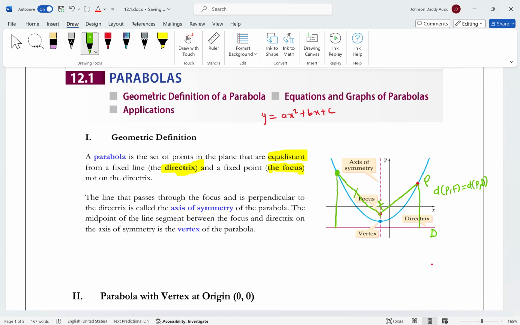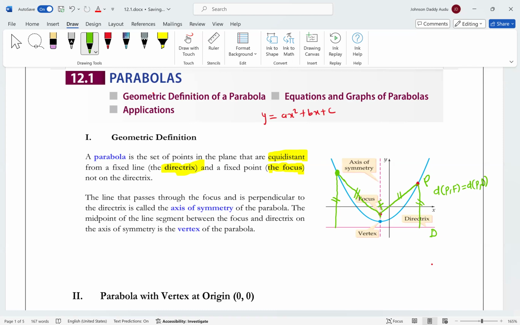What this is saying is that this distance and this distance must be the same. Also, these two distances are the same. So for a parabola, take any point on the parabola, the distance from that point to the directrix and the distance to the focus are the same.